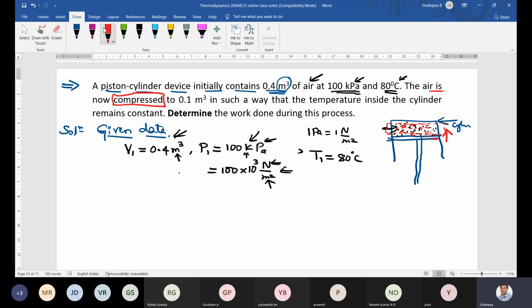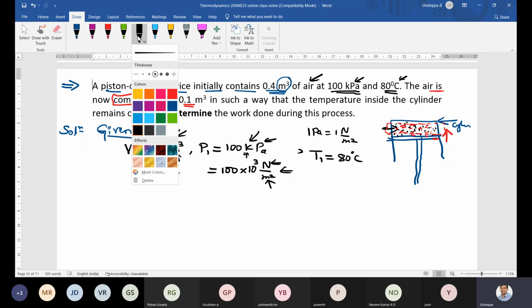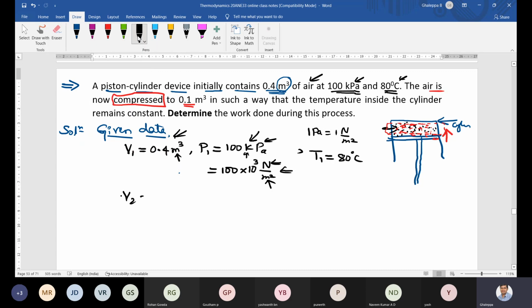After compression, the volume he has given as 0.1 meter cube. So V2 is equal to 0.1 meter cube. Initially 0.4, it decreases to 0.1.